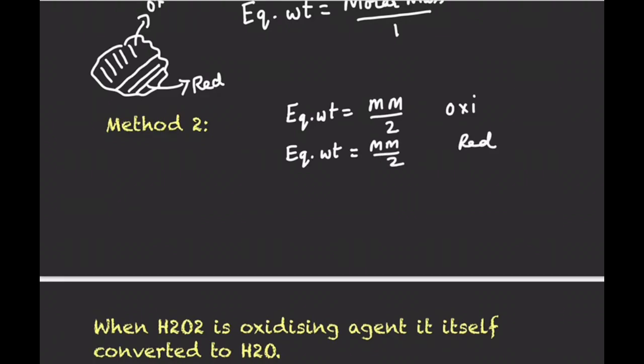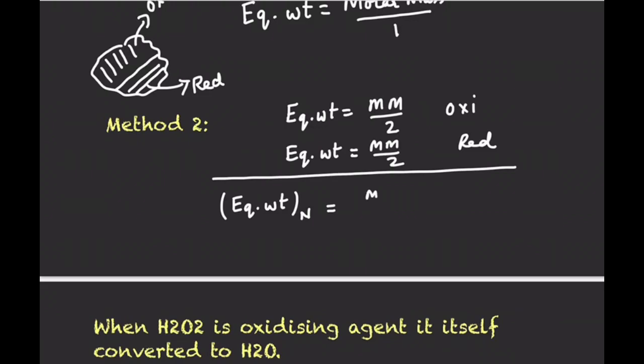And if we add the equivalent weight of H2O2 participating in oxidation as well as reduction, we will get the equivalent weight of overall H2O2. So when we are talking about the net equivalent weight of H2O2, we can write that this is equal to molar mass divided by 2 plus molar mass divided by 2. So we are going to get molar mass divided by 1. So X factor is 1.